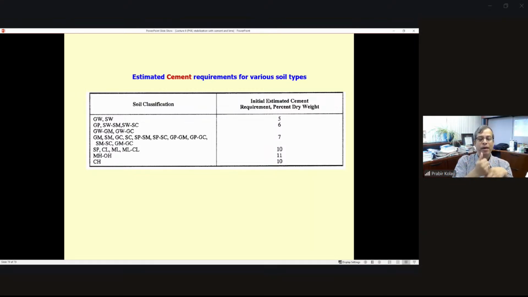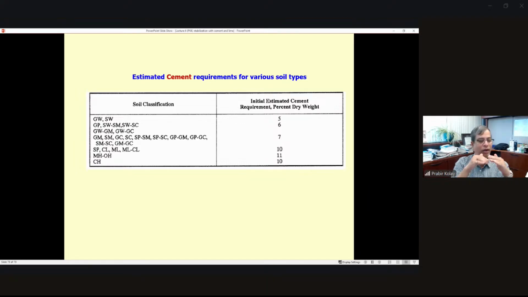So the compaction will be good and the strength will be good, and if it's poorly graded, we need a little bit more. If it is a silty type soil, silty gravel, silty sand, clay gravel, and the dual classification, with percentage finer more than 5 and less than 12.